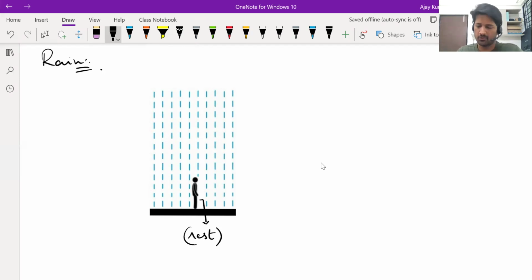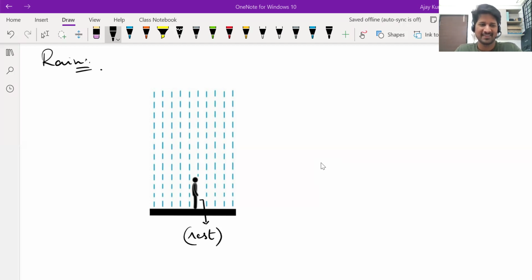Now I want one of you to guess. With what speed do you think raindrops fall on an average? When it rains, with what speed do you think the raindrops would be falling? Ten meters per second. Okay. Did you read that somewhere, or is it a rough guess?